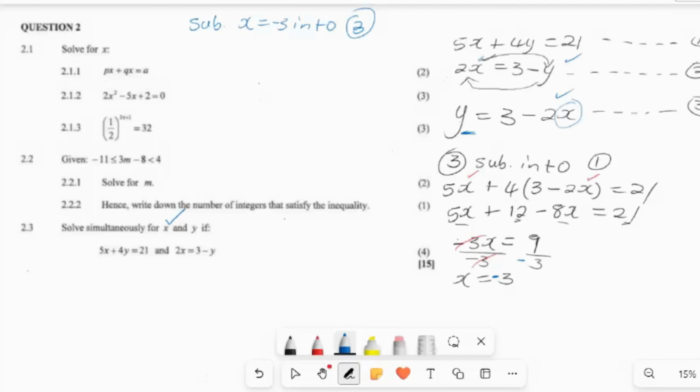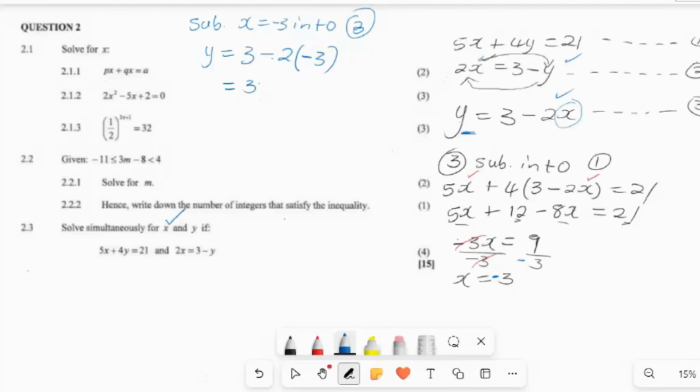Now we said we are substituting x equals minus 3 into equation 3. Then what is equation 3? Y equals 3 minus 2x. Wherever we find x, we put minus 3. So what does this mean? It means that 3 is still the same.